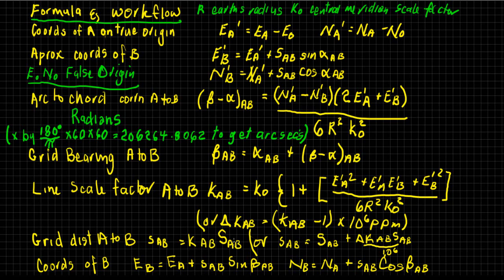And then of course once we have the grid bearing and the grid distance, we can work out the coordinates of B using the same formula as we did earlier to work out the approximate coordinates, and there we go.